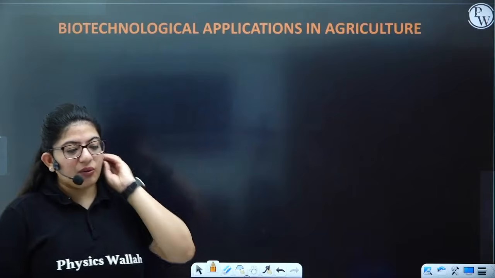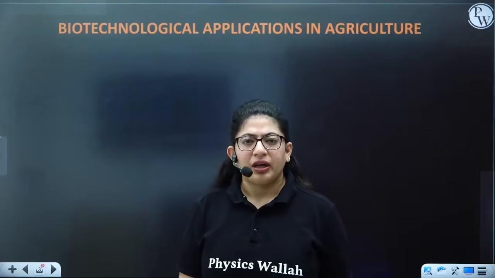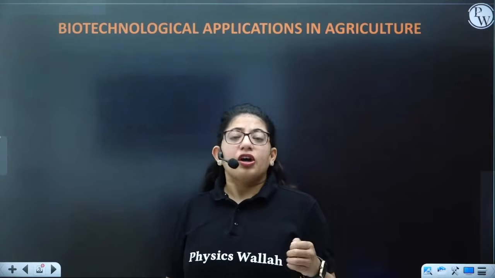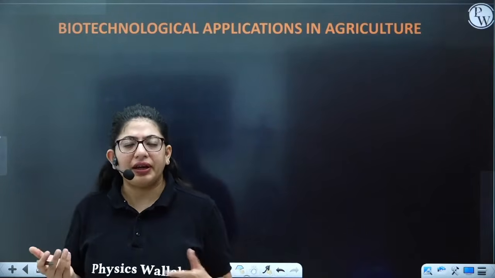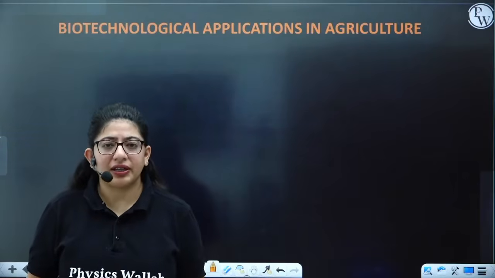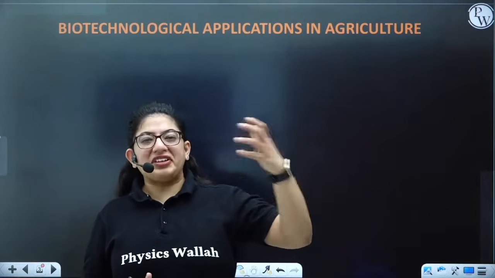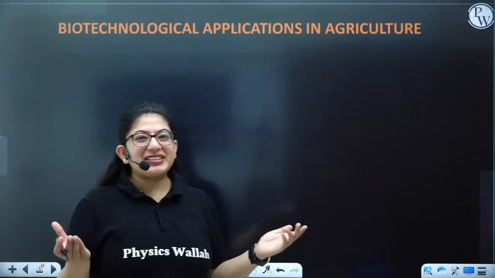As the population is increasing, we are reducing our agricultural land, we are making houses and all. We have less agricultural land, but we have a lot of people to feed. Also, the soil is limited and soil gets exhausted at times, or the plants are not that high yielding. Then to increase the yield, we need biotechnology in agriculture so that there is high yield of the plant and we can eat more. Not eat more, eat according to our needs, but a lot of people can get that food.